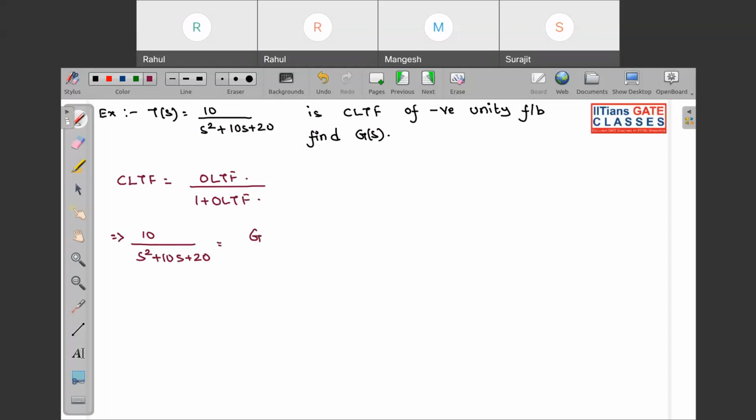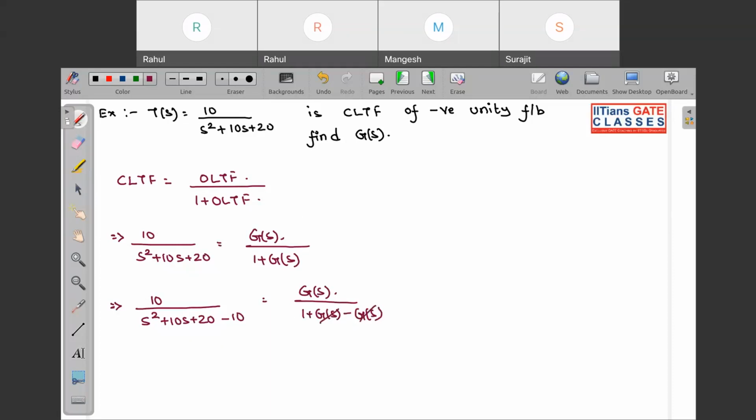So OLTF, let me write it as G(s) divided by 1 plus G(s). Now look what I do. If I subtract the numerator from the denominator, this will be 10 divided by s square plus 10s plus 20 minus 10 is equal to G(s) divided by 1 plus G(s) minus G(s).